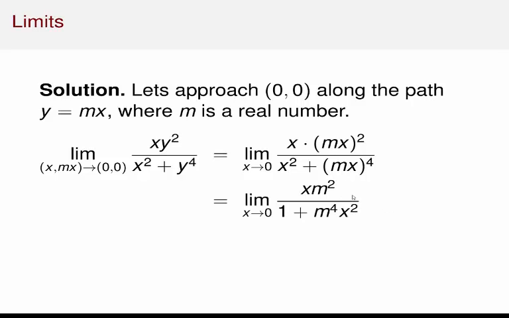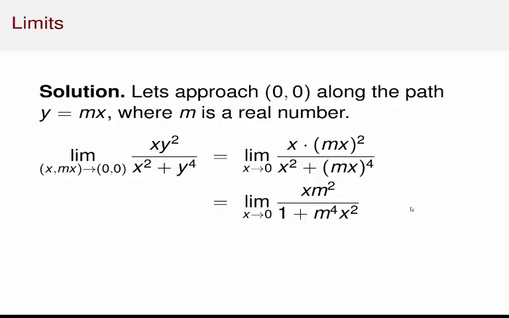After some trivial simplifications, we arrive at the limit of the function x times m squared over 1 plus m to the 4 times x squared, as x tends to 0. In the next step, we are going to apply a result in single variable calculus, which says that the limit of a quotient is the quotient of the limits, provided these limits exist.